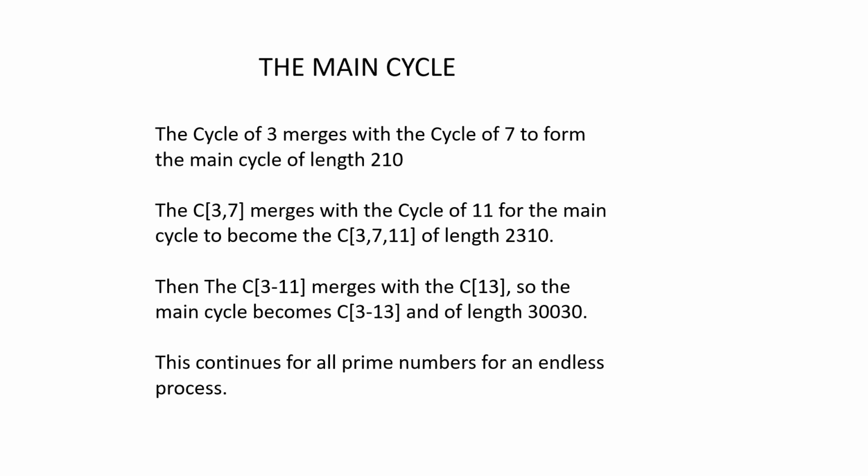We don't use 5 or 2 in the main cycle. It's just 3 and up, except 5. So the first main cycle, we can call it the cycle of 3, or better, the cycle of 3 and 7. That will be the first main cycle, the fusion of the cycle of 3 with the cycle of 7.